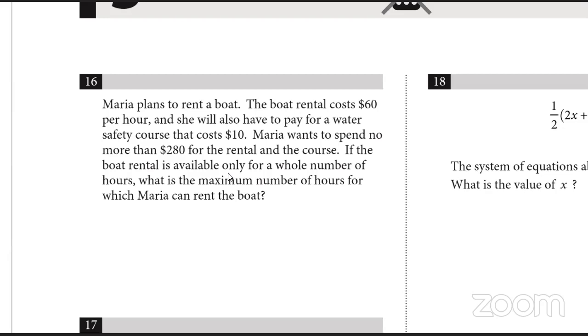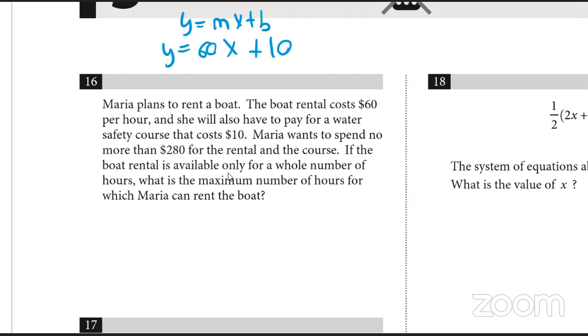So this is a nice y equals mx plus b setup. It costs $60 per hour. So the hourly cost is $60. The course is $10. That's a one-time cost. But the $60 per hour is $60 every hour. So 60 times x.